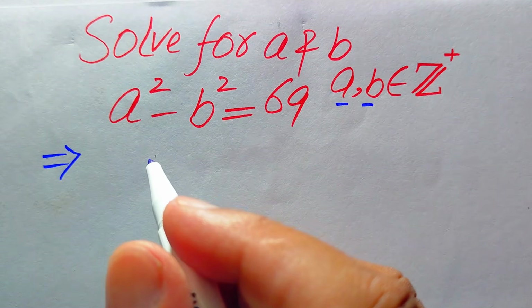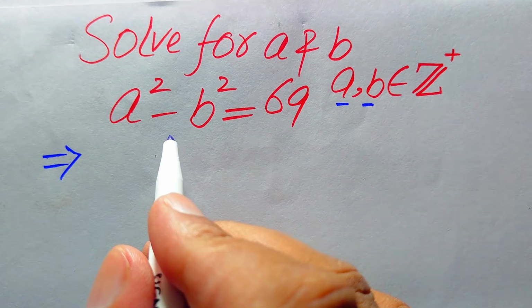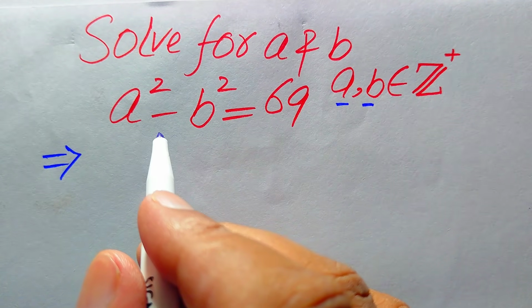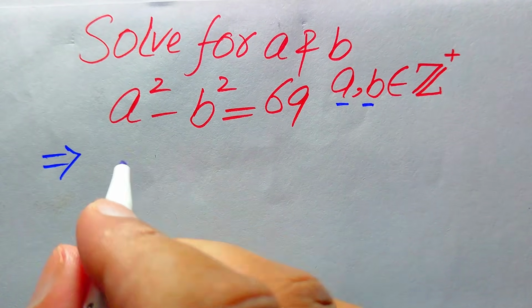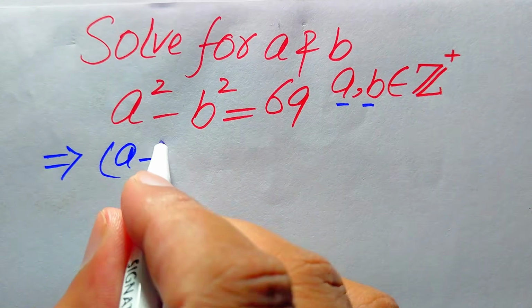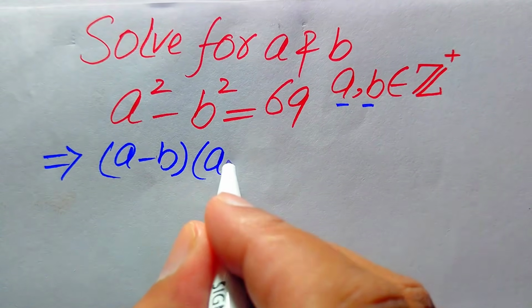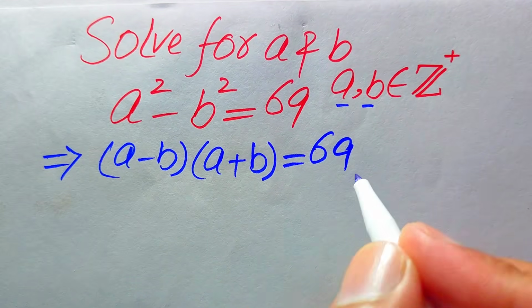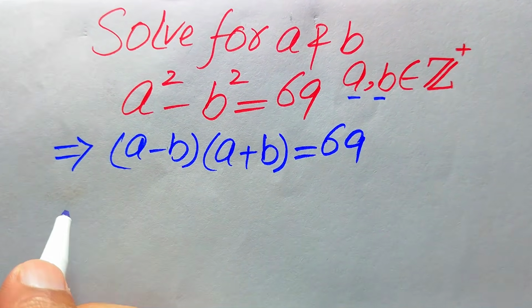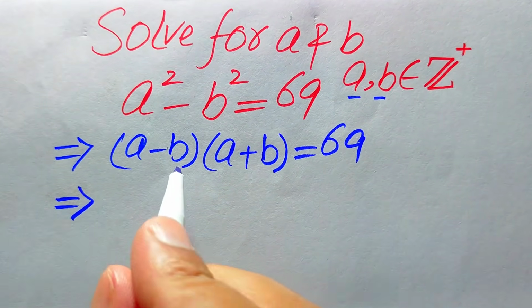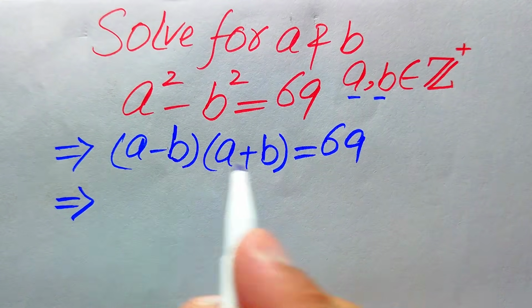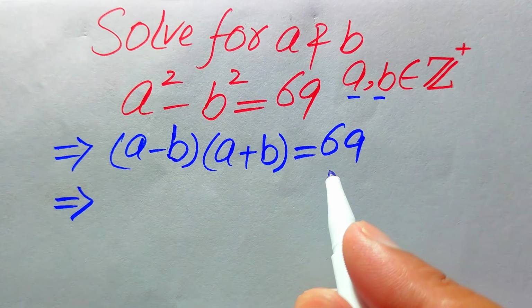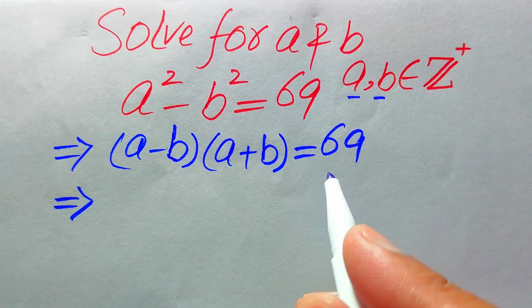The very first step is to apply the very famous algebraic formula: a² − b² = (a − b)(a + b), and this equals 69. In the left-hand side we have two factors multiplied by each other, but in the right-hand side we have only one number, 69.